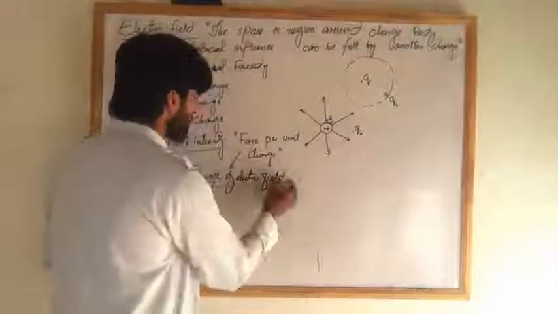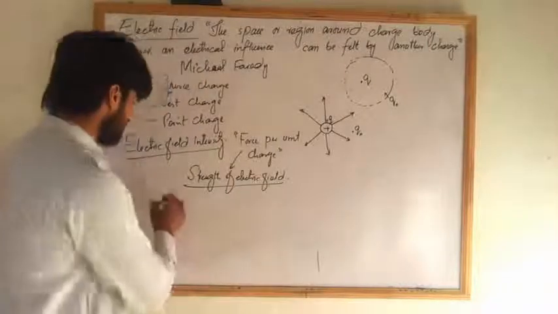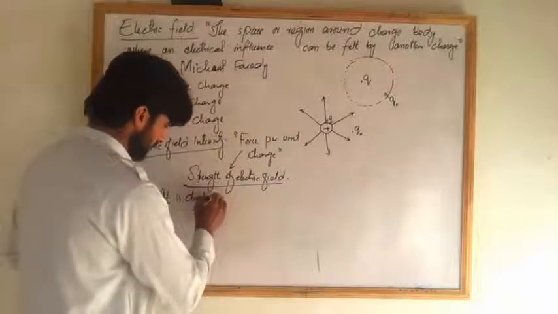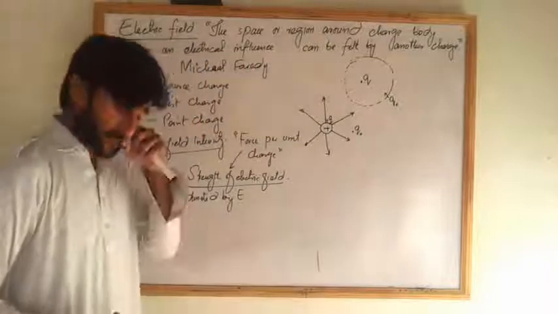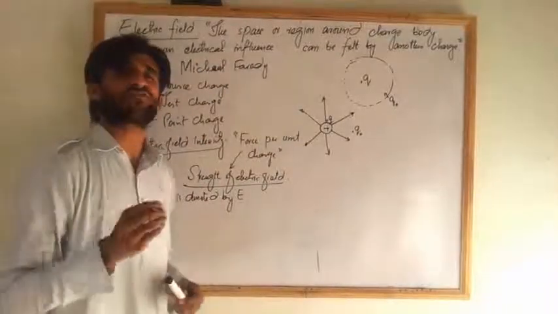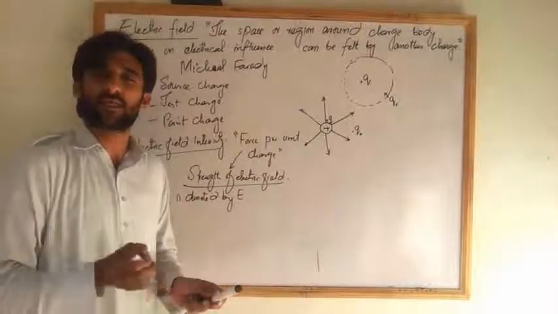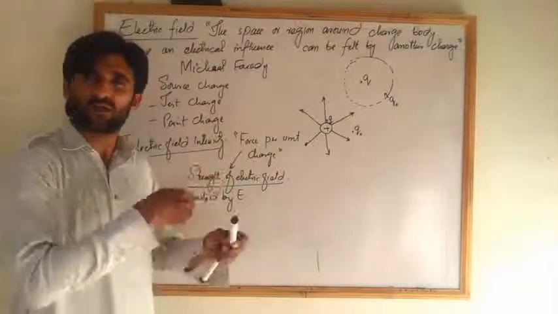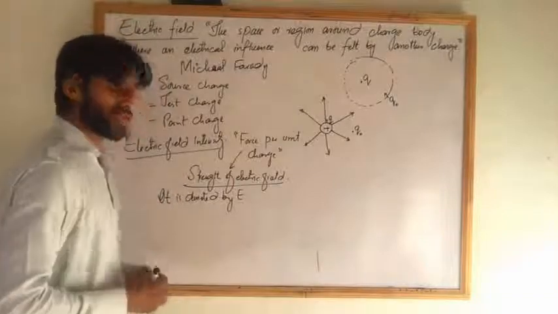because this electric field intensity is denoted by E. This electric field intensity shows how much force the charge experiences when it enters the electric field from another point.